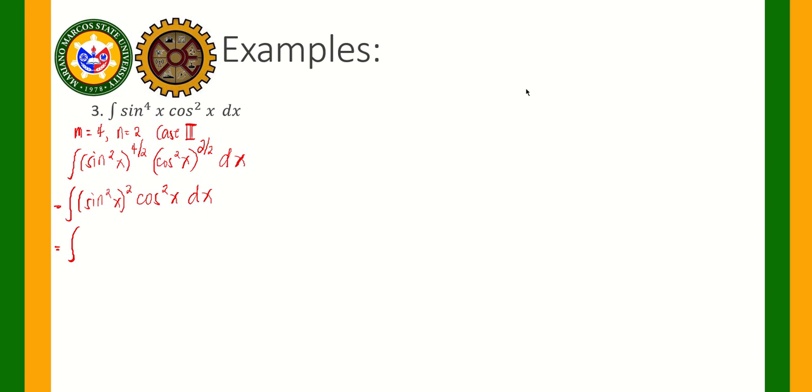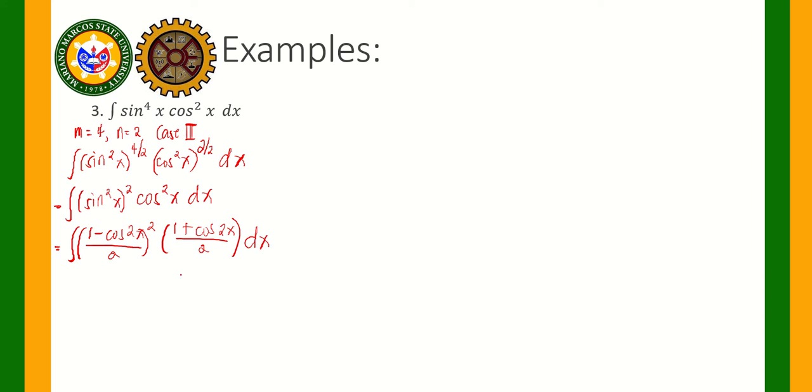Okay, so for sine squared u, that will be equal to 1 minus cosine 2x all over 2 quantity squared times 1 plus cosine 2x all over 2. Hindi siya squared x. Cosine 2x all over 2 and then dx.